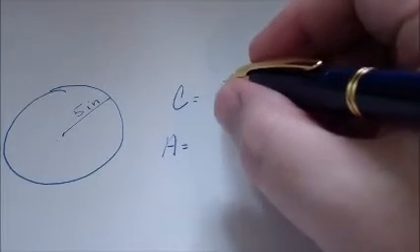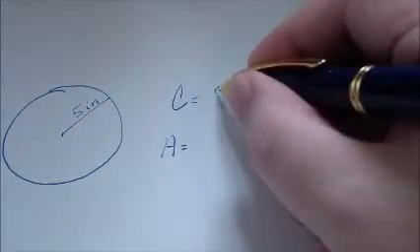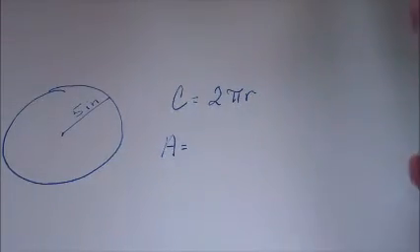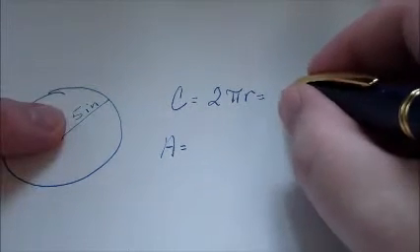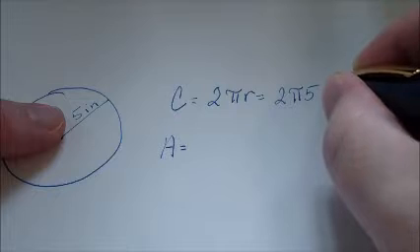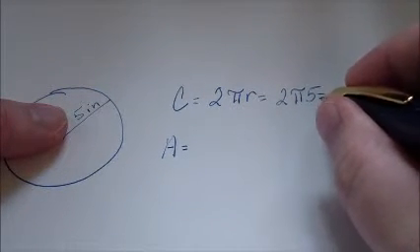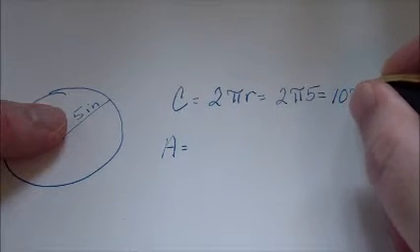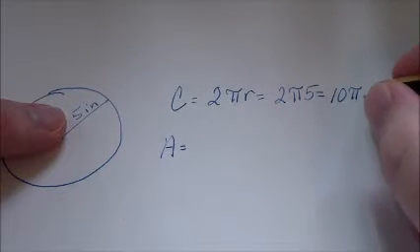Well, we just write down the formulas. In terms of radius, we have 2 pi r. Well, radius is 5, so this is actually 2 pi 5. And that becomes 2 times 5 is 10 pi. And since we were thinking in terms of inches, we could just say inches.